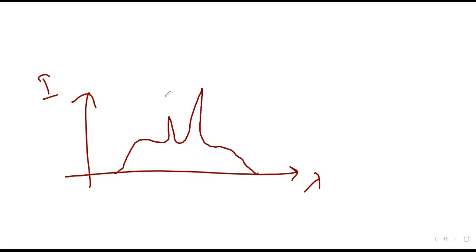We know that this continuous curve represents the Bremsstrahlung radiation, and this spike represents the characteristic X-rays, right? So if this is K alpha, what will this be? Tell me whether this will be K beta or L alpha.